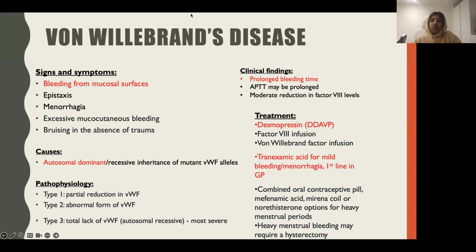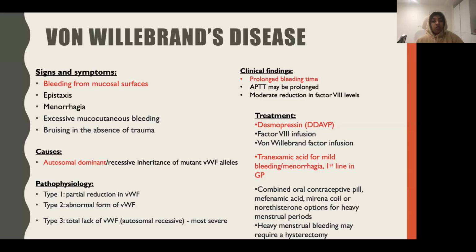Again, clinical findings, you'll see a prolonged bleeding time and a prolonged APTT time. And you can also see a reduction in factor 8 levels as well. Treatment is desmopressin, factor 8 infusion, von Willebrand factor infusion, tranexamic acid for mild bleeding or menorrhagia first line.